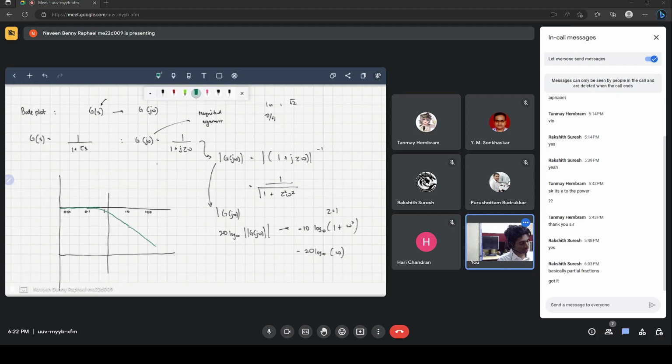So the Bode plot of G(s) equals 1 by 1 plus tau s will be something like this, except that it will be centered around 1 by tau. Did that part make sense, or should I explain this again?